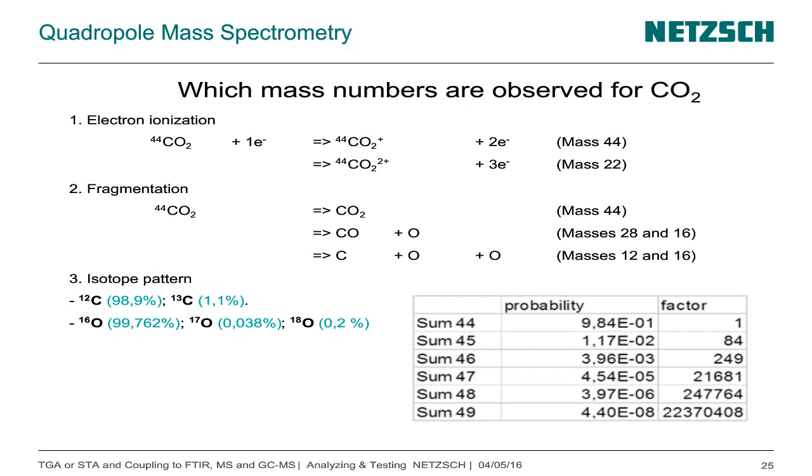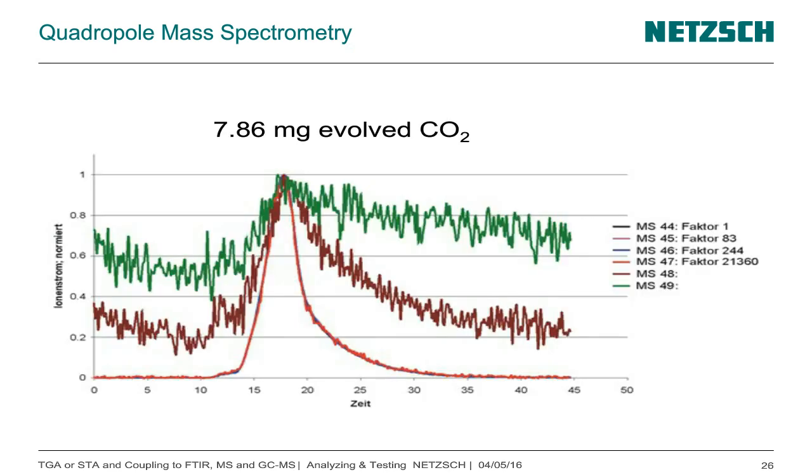And the question is, could I detect this with a mass spectrometer? And for sure I said yes, because I measured with one of my instruments the evolution of carbon dioxide from baking powder. And what you see here is 45 is factor 83. I calculated 84. The 46 was 244. I calculated 249.